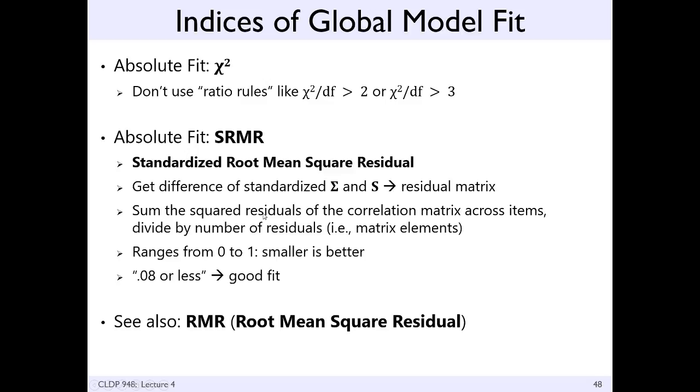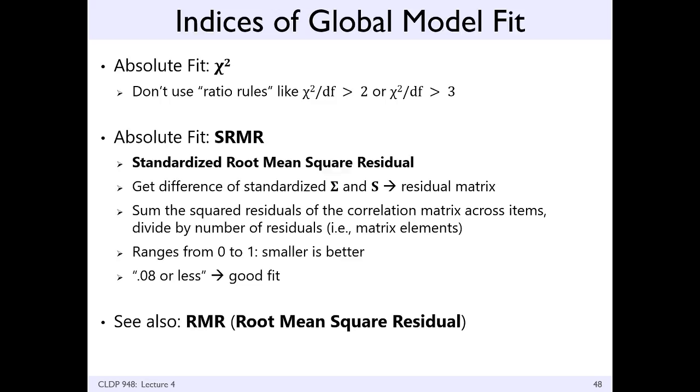So here's a few more that you will see besides chi-square. Standardized root mean square residual. This is a number that indicates how far off, on average, the predicted correlation between the items are relative to the real ones. It's an average offness in a correlation metric.